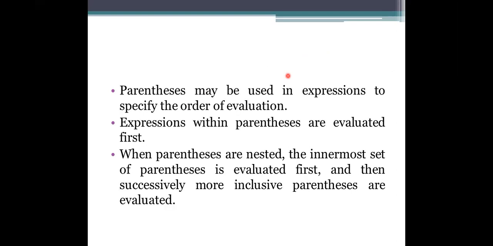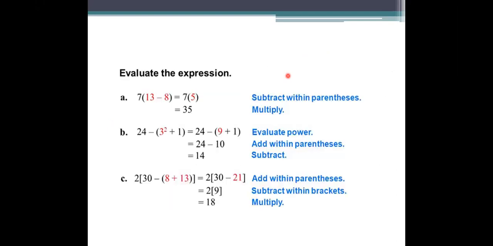So before getting into that, I said that parenthesis plays a prominent role here. Here the parenthesis has been specified for any expression you are using, so this expression will be evaluated in a different manner. So here we are mentioning 7 multiplied with 13 minus 8.